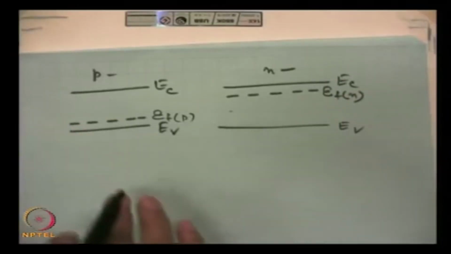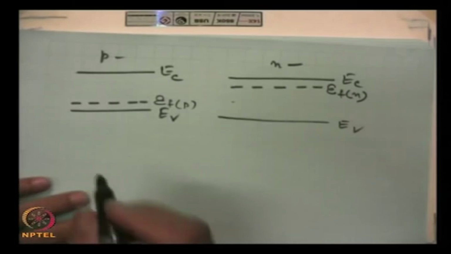Now, when the p-n junction is formed, that means when one side of the crystal is n type doped and the other side is p type doped, then as we have discussed, diffusion of charges occurs. Now, till how long will this diffusion of charges and drift continue? It continues till the Fermi levels on the two sides get aligned. How?